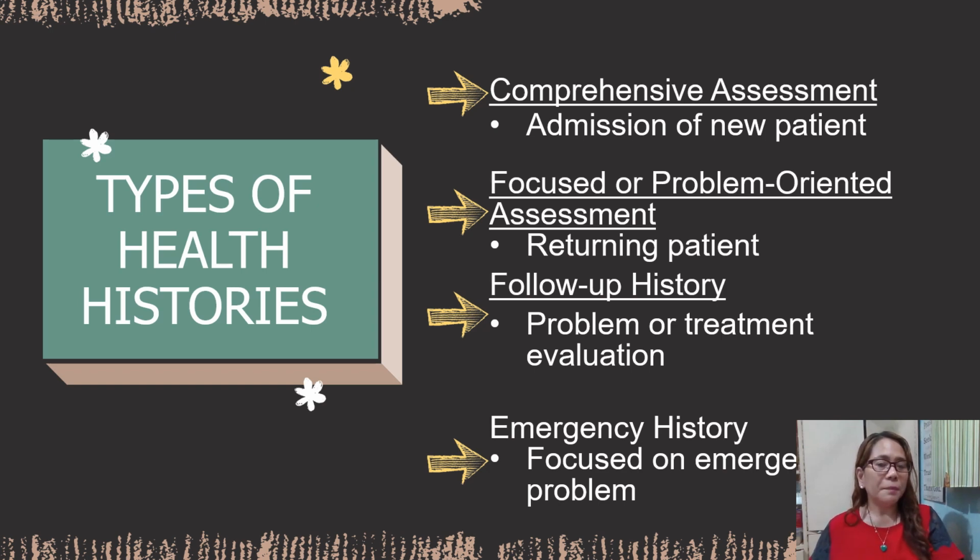Dapat marunong siyang mag-rapid assessment of the client, kung ano yung life-threatening na kailangang aksyonan kaagad. For example, the nurse may assess the client through assessing the circulation, the airway, the breathing. If you suspect cardiac arrest, nagpunta doon si patient, parang may cardiac arrest, so you have to check the circulation, the airway, and the breathing.